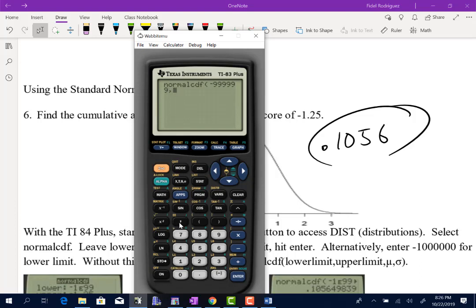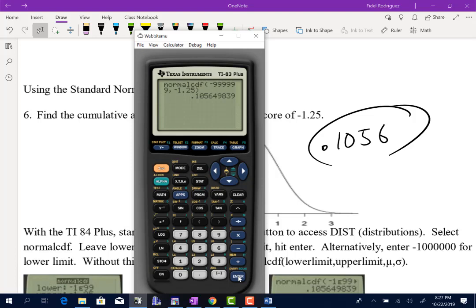And then what's the last number we're going to stop at? Negative what? Negative 1.25, right? So guys, you're going to put a comma and then negative 1.25. Okay, close out the parentheses. And if I hit enter, are we coming up with 0.1056? There you go.